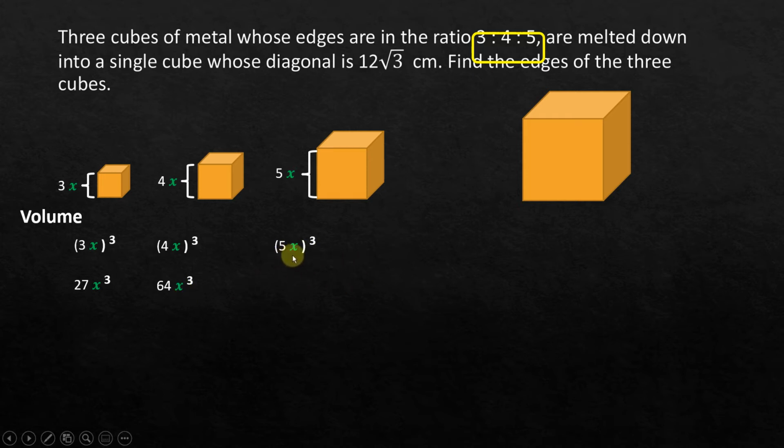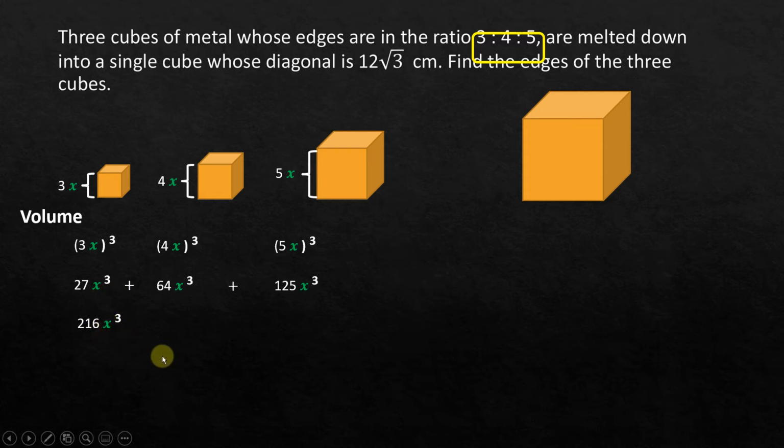Similarly, 5 times 5 times 5 is 125 x cubed. And when we add all the three of them, we have x cubed terms here. So in addition, we always take the coefficients. In this, the coefficient of x cubed is 27. So we add up 27 plus 64 plus 125, which is equal to 216 x cubed.